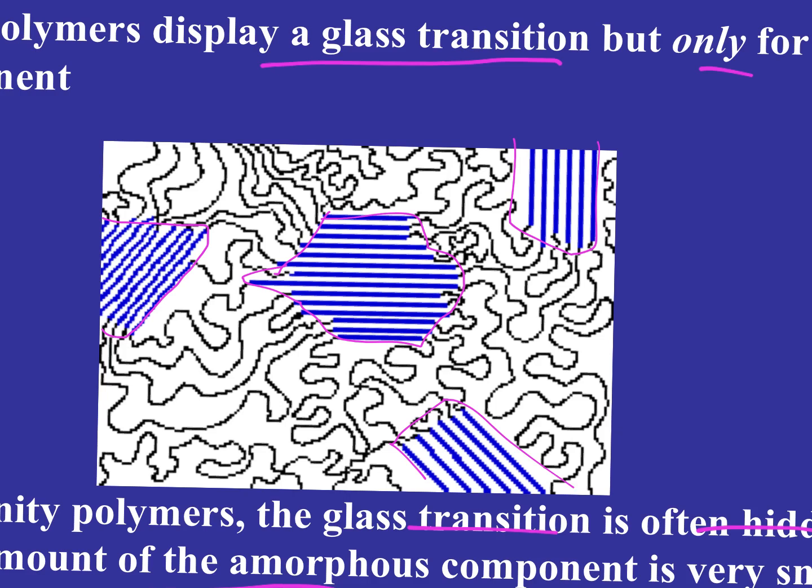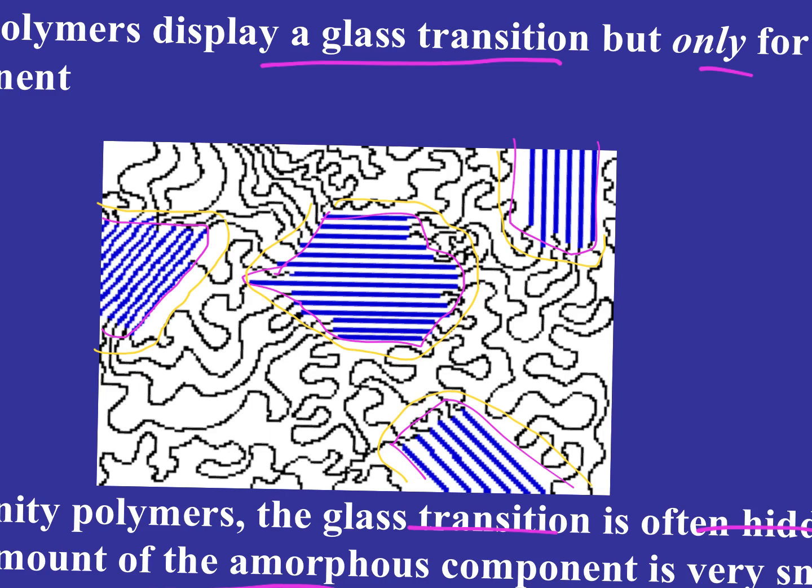But it should make sense to you, knowing what you now know about glass transition, that there is going to be an area near those crystals where the amorphous component is affected by the fact that it is connected to the crystalline component. And you kind of sort of see this in the cartoon, that the density of chain starts to go up where it has to go in and out of the crystalline phase. And so there is an in-between region there where the polymer chains are restricted, and so it makes sense that their glass transition is going to be higher than what it would normally be.